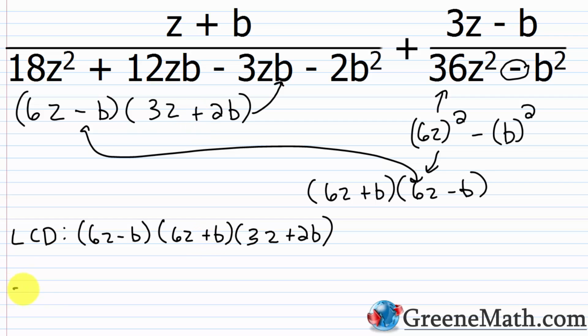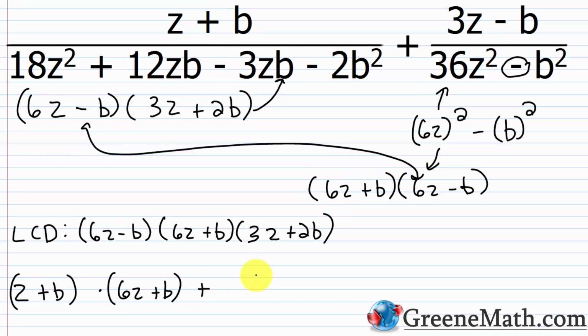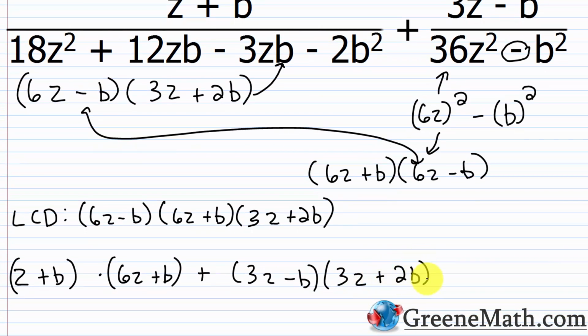So I would have z plus b, and this would be multiplied by, again, 6z plus b. Now, for this one over here, let me put plus. I would have 3z minus b times, what am I missing? Well, I'm missing the 3z plus 2b.